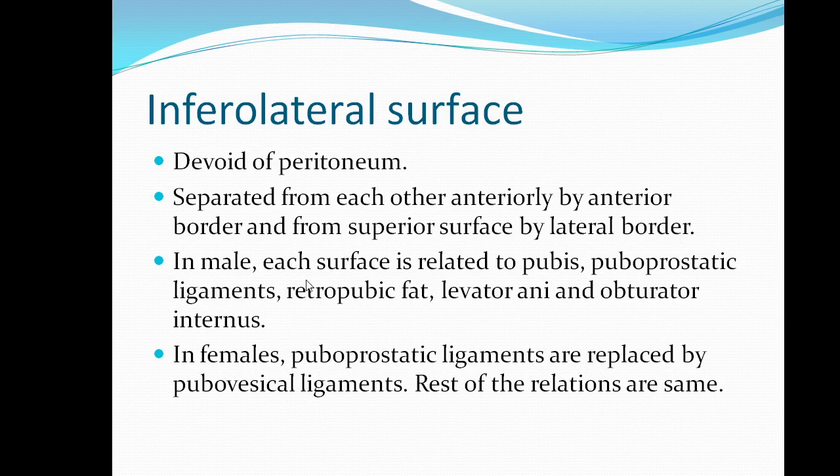In males, each surface is related to the pubis, the puboprostatic ligaments, the retropubic fat, levator ani, and obturator internus muscle. In females, the puboprostatic ligaments are replaced by pubovesical ligaments. The rest of the relations are the same as in the male.